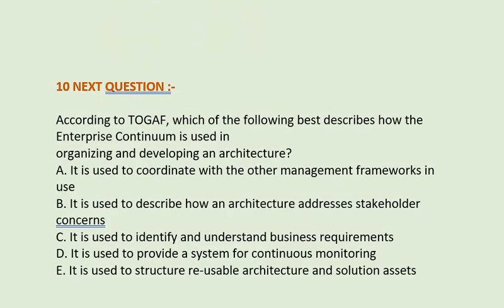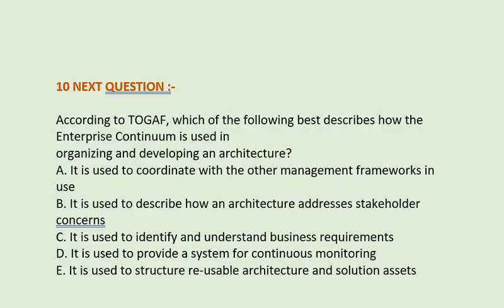Question is according to TOGAF, which of the following best describes how the enterprise continuum is used in organizing and developing an architecture? Option A it is used to coordinate with the other management frameworks in use. Option B it is used to describe how an architecture addresses stakeholders' concerns.